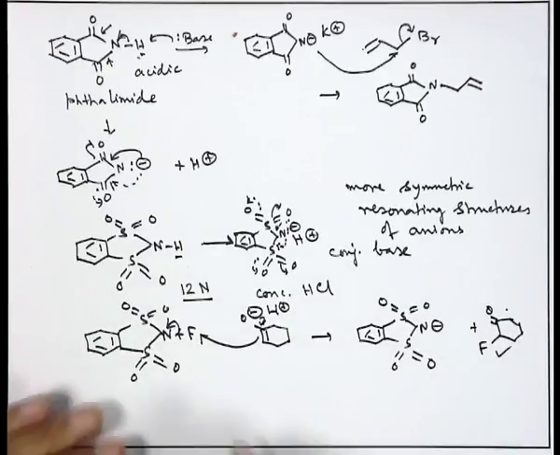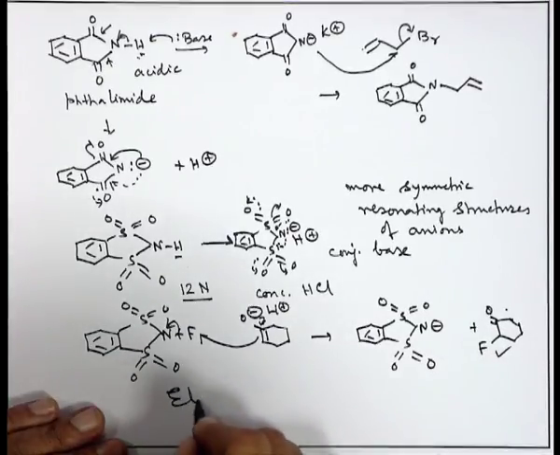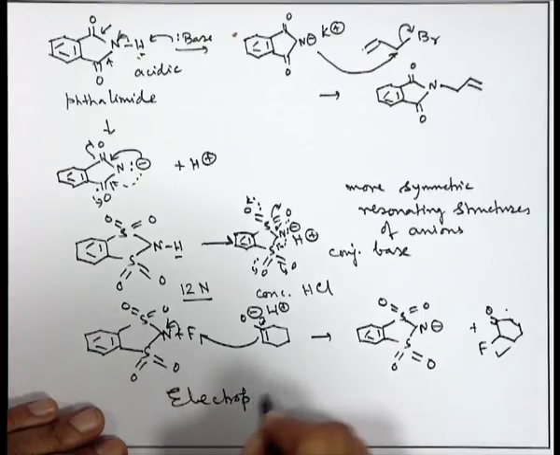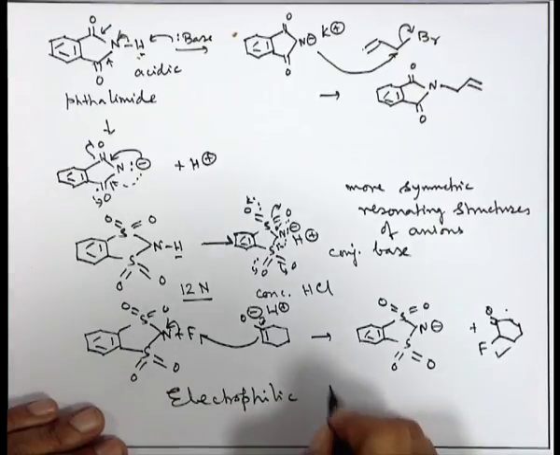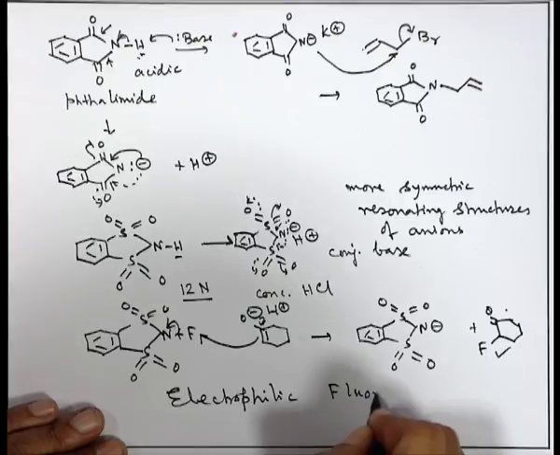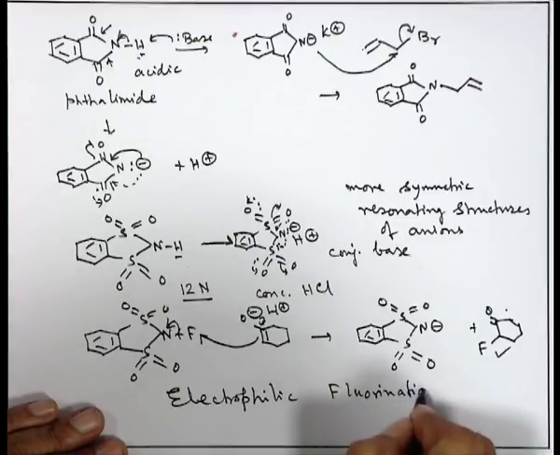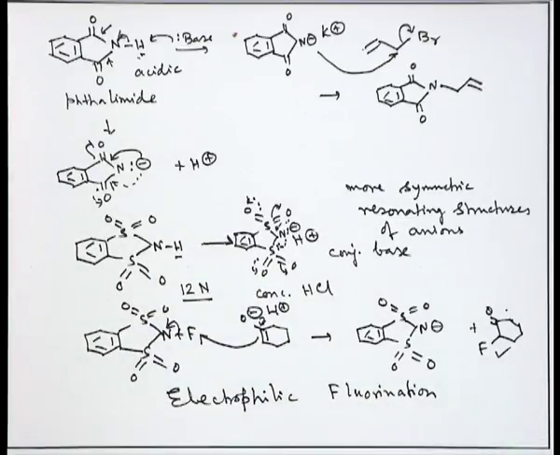So, this type of reaction is called, unbelievable, electrophilic fluorinating agent or electrophilic fluorination. Electrophilic fluorination is a very interesting offshoot coming from the 2 carbonyl thing being extended to the 2 sulfonyl pathway.